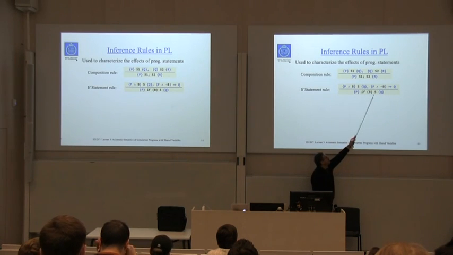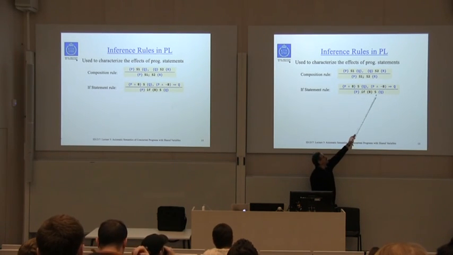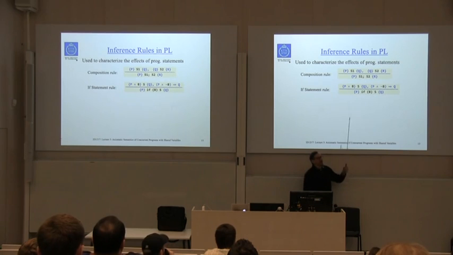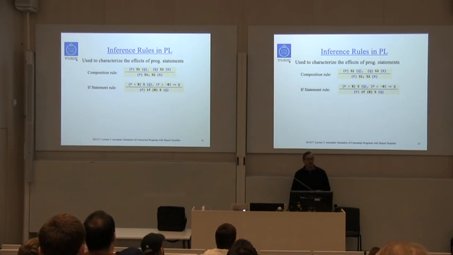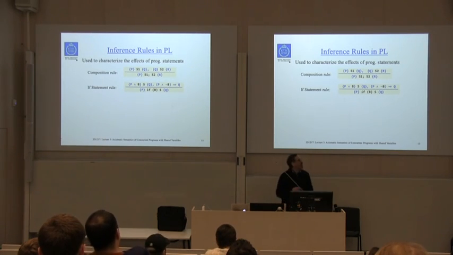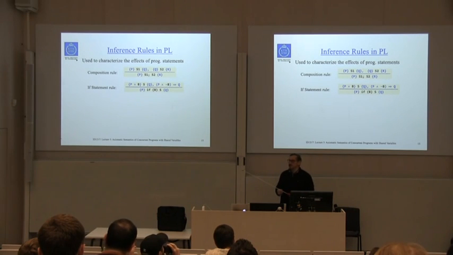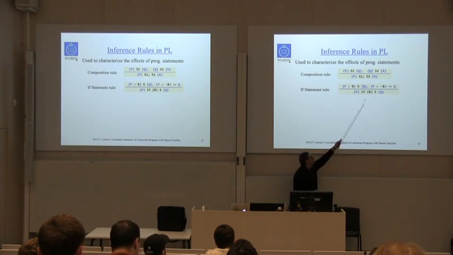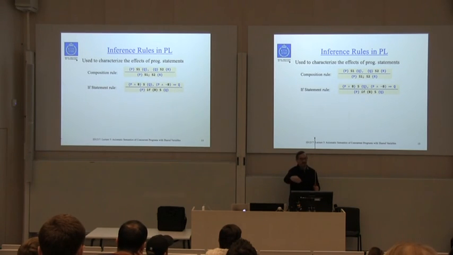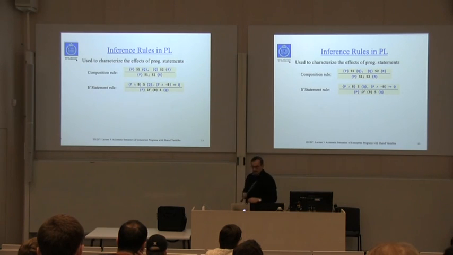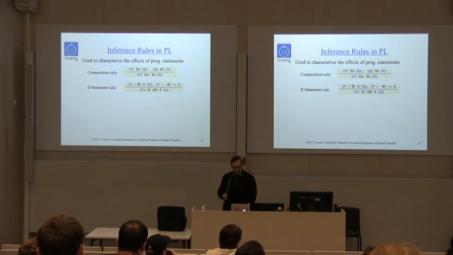The other premise for this conclusion describes the case when B is false, saying P and not B implies Q, so that we move to Q. That's the implication that I have shown on the previous slide, the operation I'm using here.